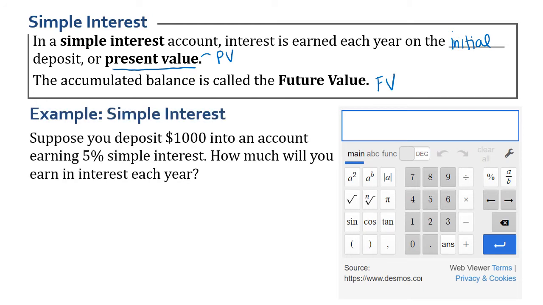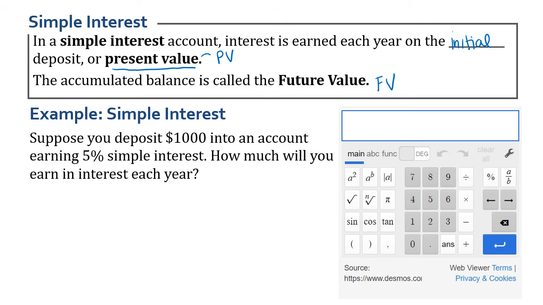So suppose that you deposit $1,000 into an account that earns 5% interest. How much would you earn in interest each year? You're going to see on the right-hand side of this slide, I have Desmos up. This is the Desmos Scientific Calculator. Luckily, you guys are allowed to use the calculator as well as Google Spreadsheets or Excel or Desmos to calculate a lot of this stuff.